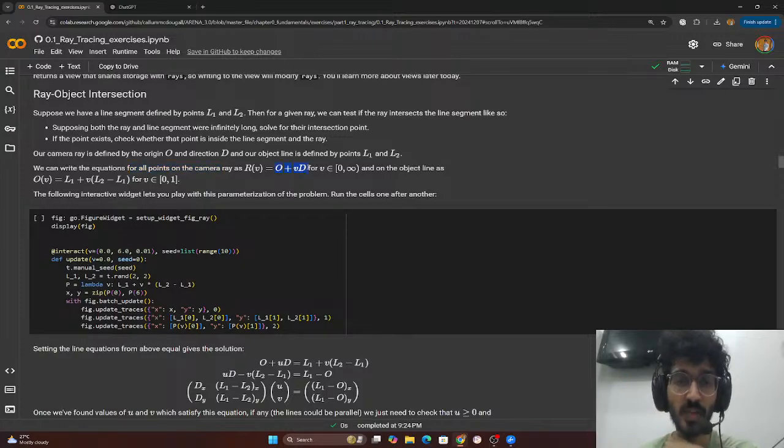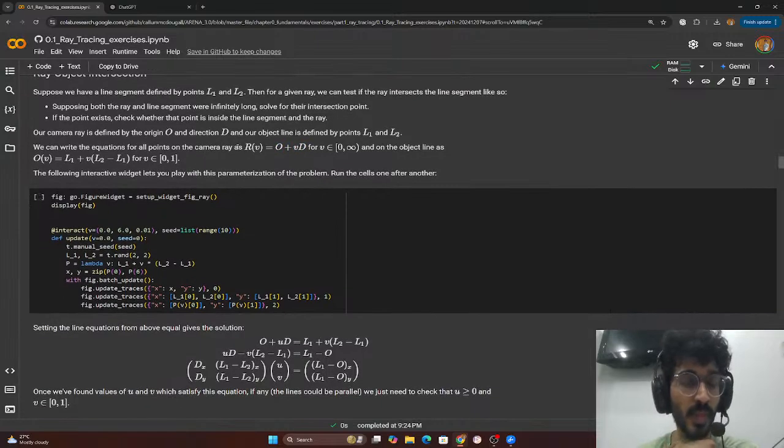So that's the offset t times D is calculating. So these are all the points on the camera ray, and these are all the points for the object line: L1 plus v times (L2 minus L1).